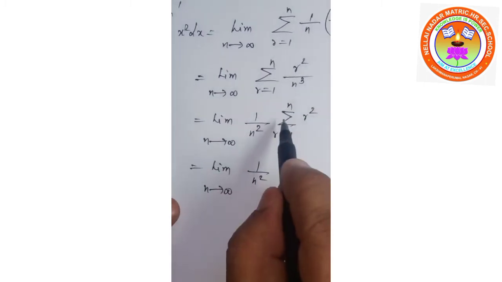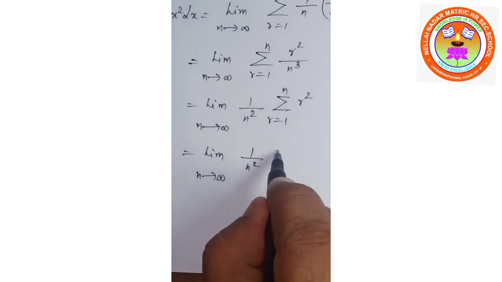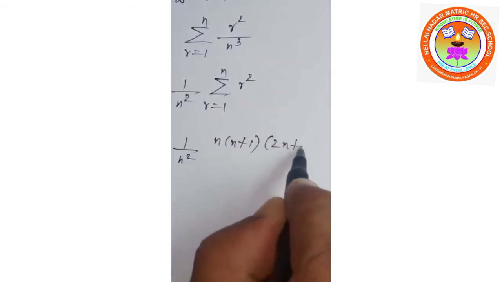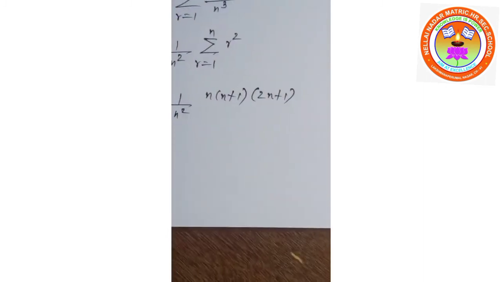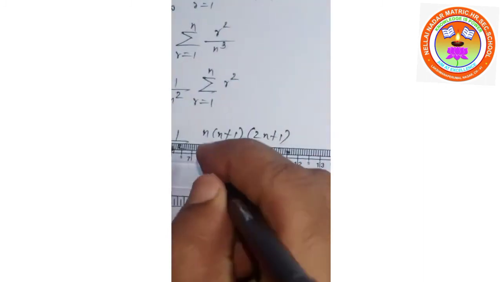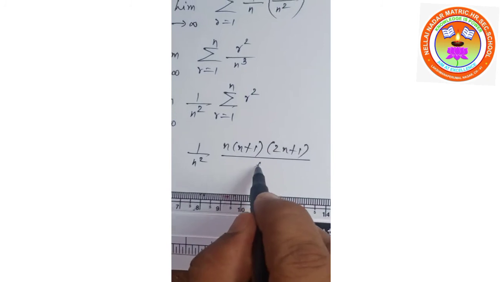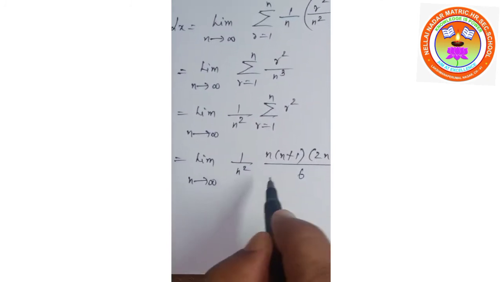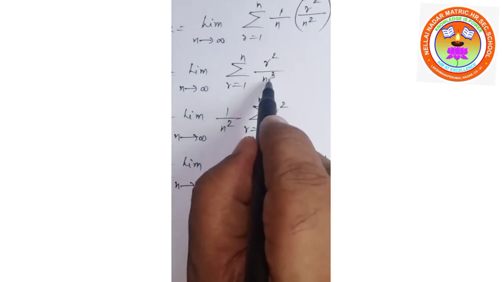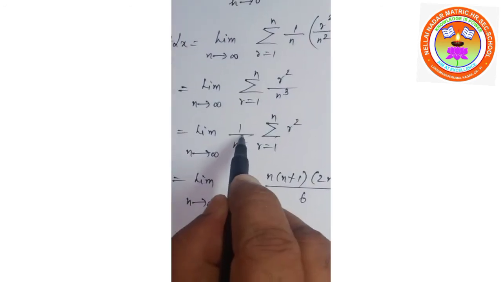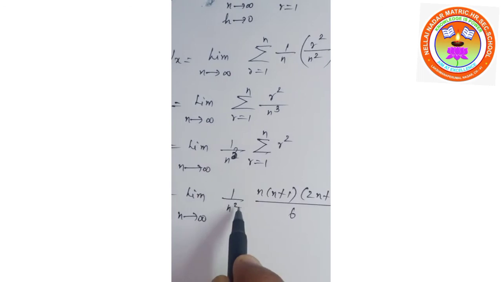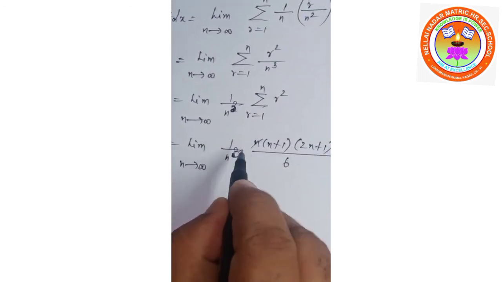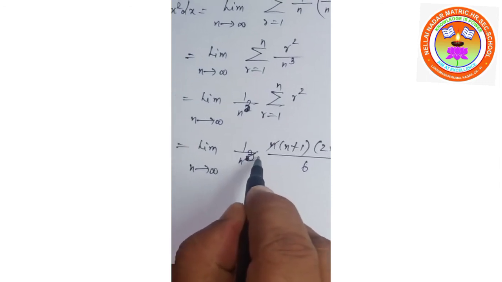Already I have given the result for sigma r squared. Sigma r squared can be replaced by n into (n plus 1) into (2n plus 1) divided by 6. One n gets cancelled, so n cube becomes n squared.